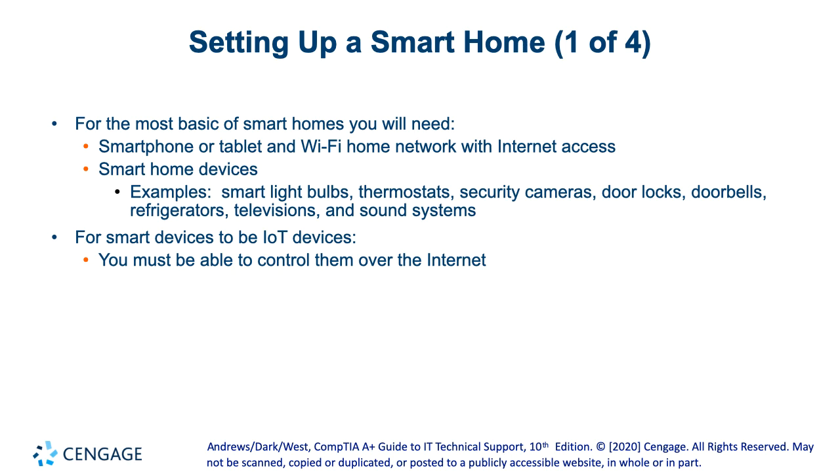And then you'll have to have something that you can control: the light bulbs, thermostats, cameras, doors, locks, television, sound systems, etc. And then to be considered an Internet of Things device, you must be able to control it over the internet. So you can control them from your office. You control your home thermostat from your office, as an example, or your office thermostat from home.